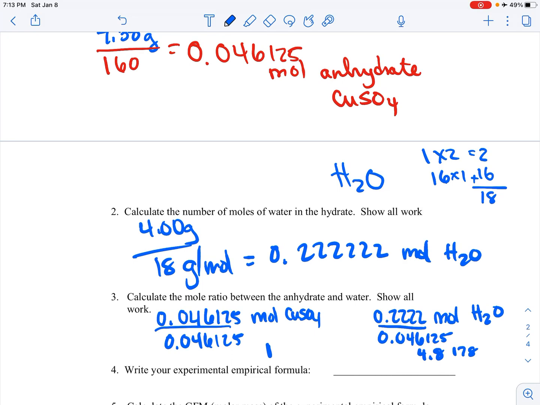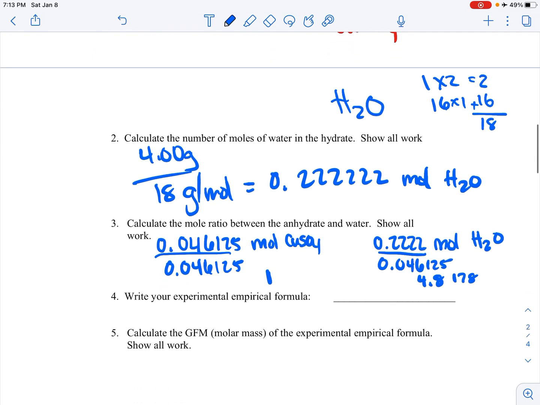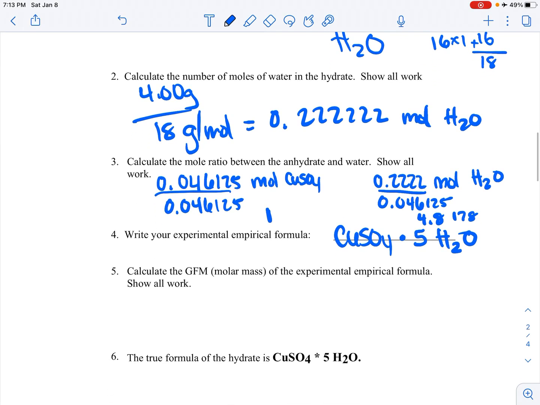If we are above 0.5, which we are, we'll round it up. So 4.8 would round to a 5. So the CuSO4 has a coefficient here of 1, a ratio of 1, and we would have 5 H2Os.